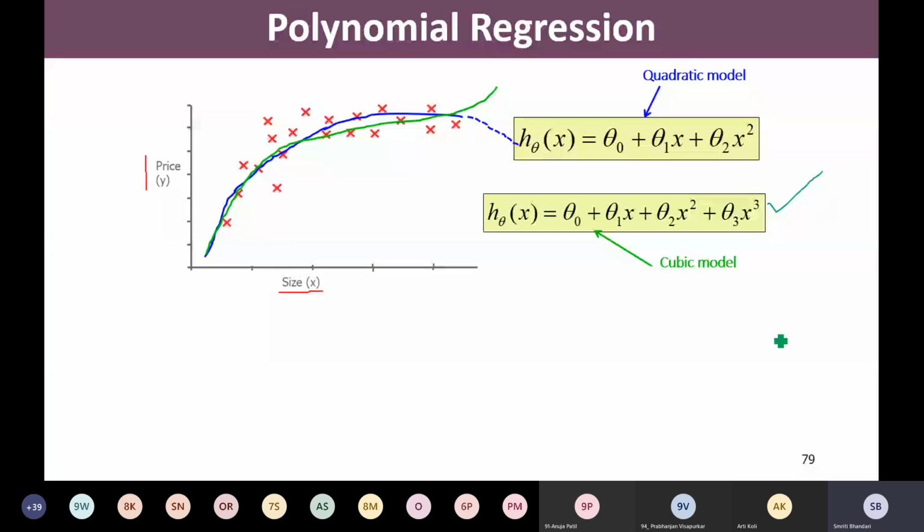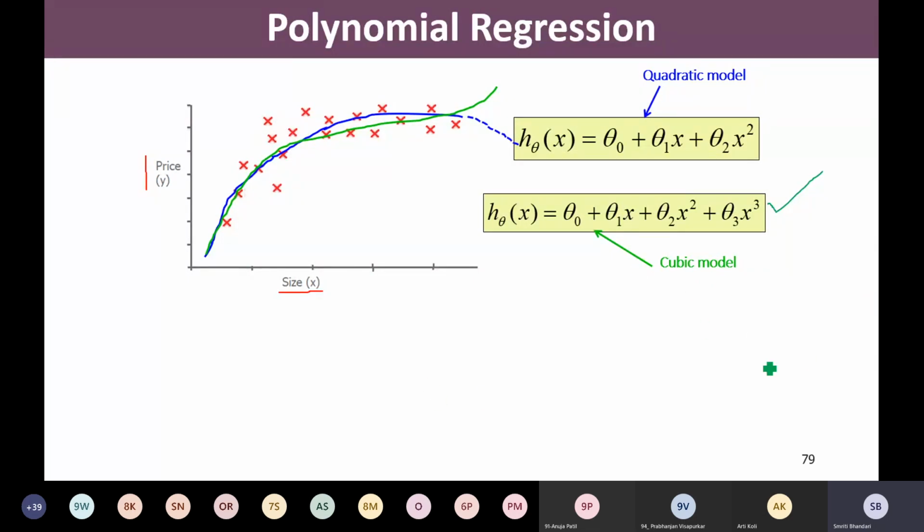So depending on whatever kind of data we have, whatever insights we know about the problem, we may pick not necessarily a linear model, but something very non-linear, something very complex, right? And it is possible to fit this kind of data. We may think of having such a cubic model.